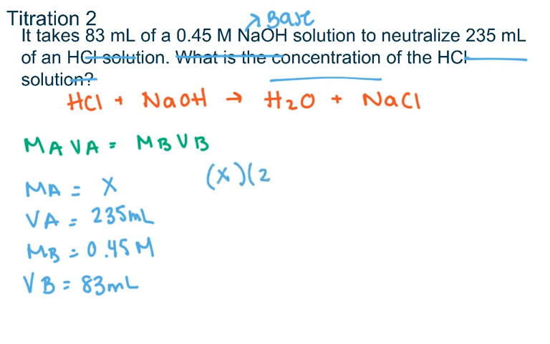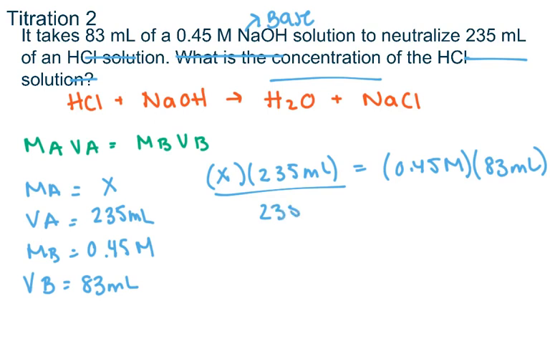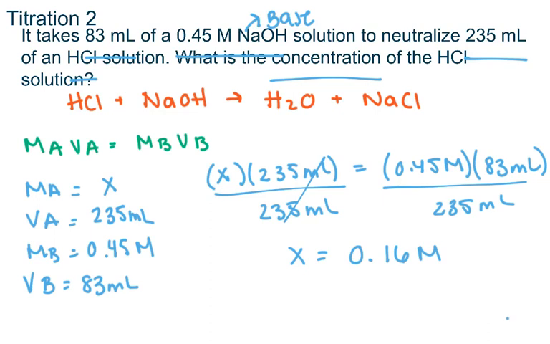We're going to do X times 235 milliliters equals 0.45 molar times 83 milliliters. Again, we're going to solve this algebraically, move over, cross out, and we end up with 0.16 molar HCl.